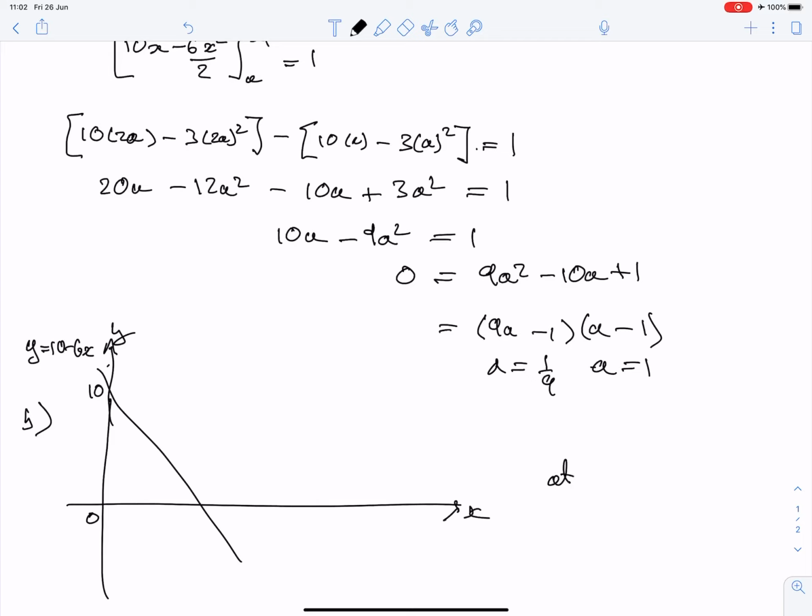So at y equals 0, 10 minus 6x equals 0, so 10 equals 6x, x equals 5 over 3. So that's that point there, 5 over 3. So that is that done. Use a ruler, etc. when you're doing it for your axes and your line.